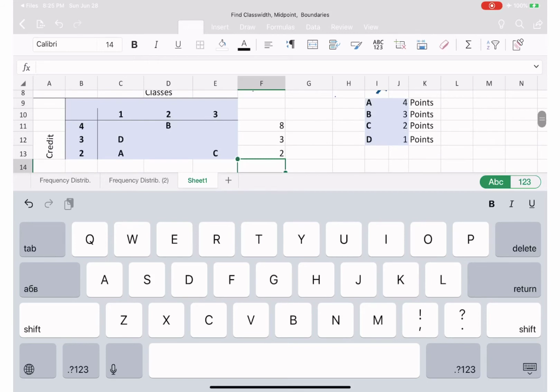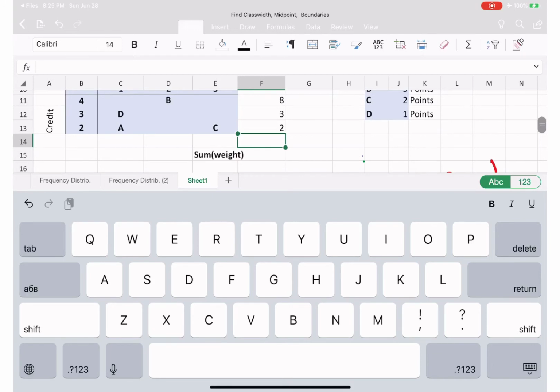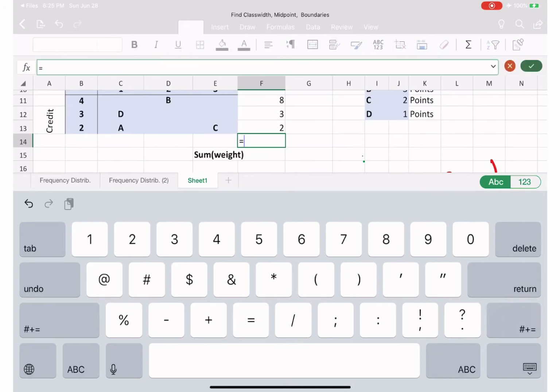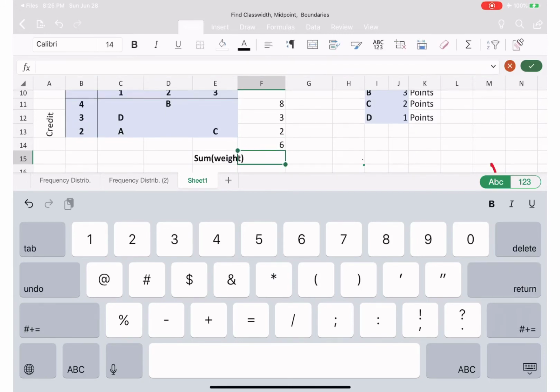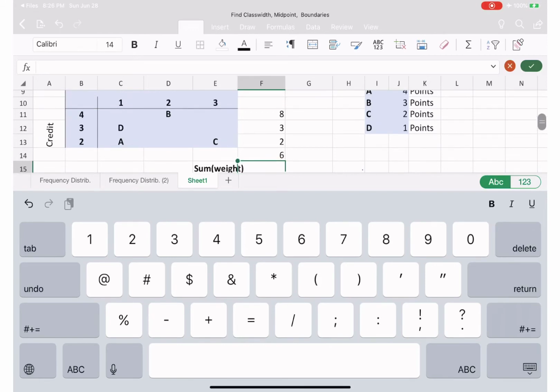And for C, I can write down here. And for C, I'm going to have how many classes? 3. And times by 2 credit hours. So what do we have? This 6 is for C. So what I'm going to do now, I'm going to plug it here.